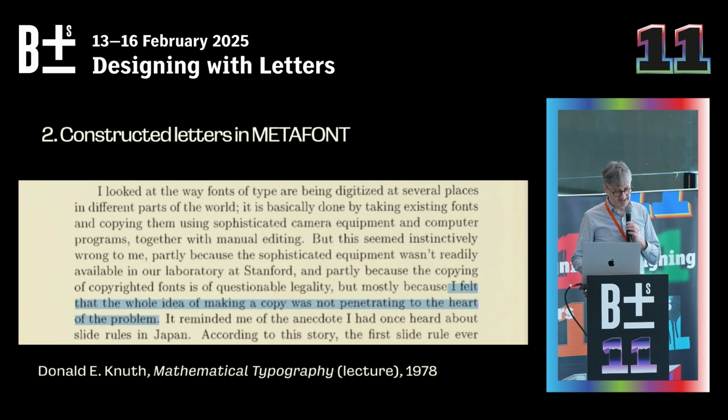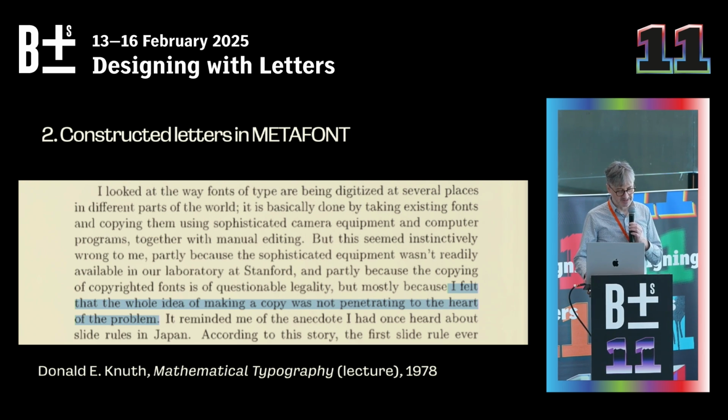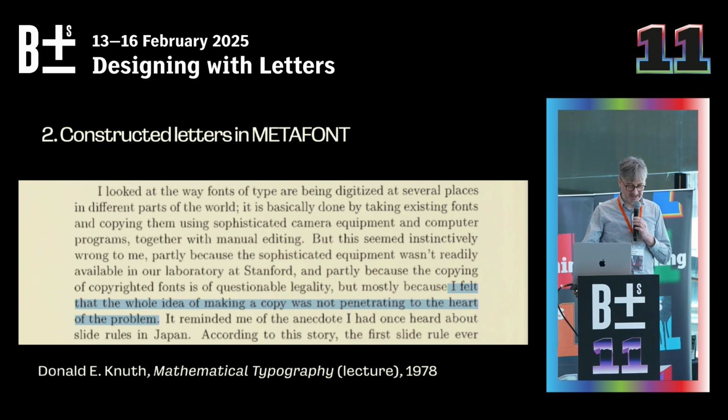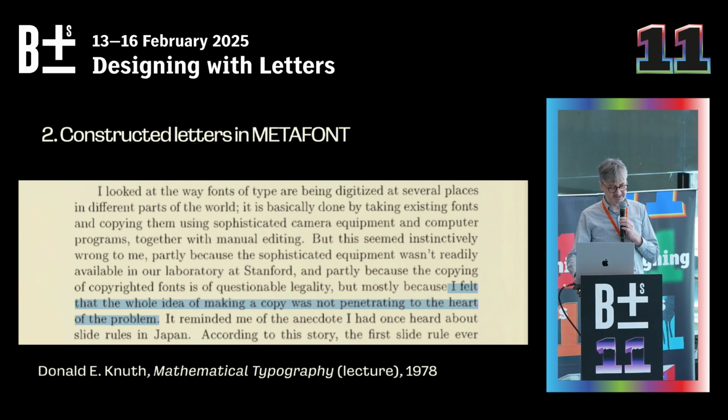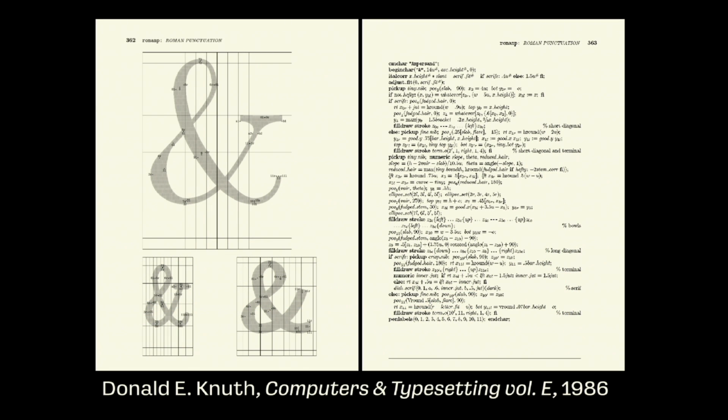He came up with the Metafont glyph programming language. And it has the usual things you expect in a language: branching, looping, functions, math operators. The cool thing is it can define a pen shape and then sweep that shape around a curved path defined as a cubic Bezier curve. This slide shows the Metafont program for ampersand in the Computer Modern family.